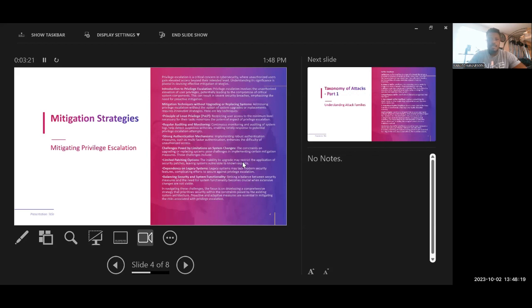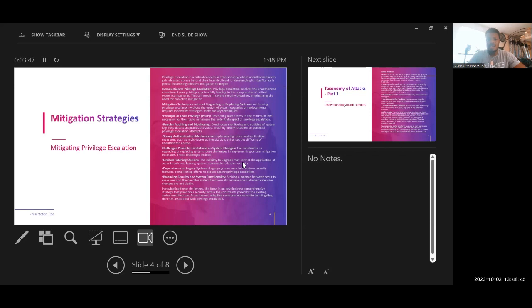And then privilege escalation, right? Now, these are the common security attacks. Privilege escalation is a critical concern in cybersecurity, where unauthorized users gain elevated access beyond their intended level. Understanding its significance is pivotal in devising effective mitigation strategy.